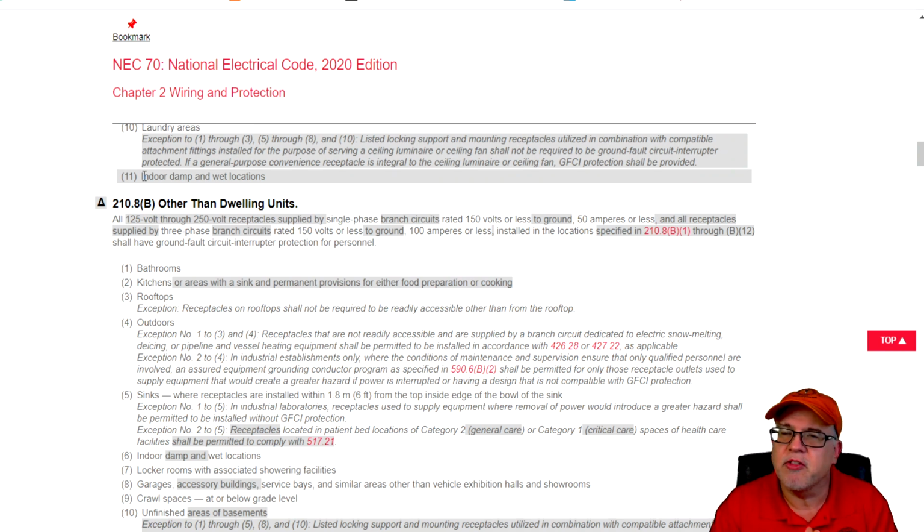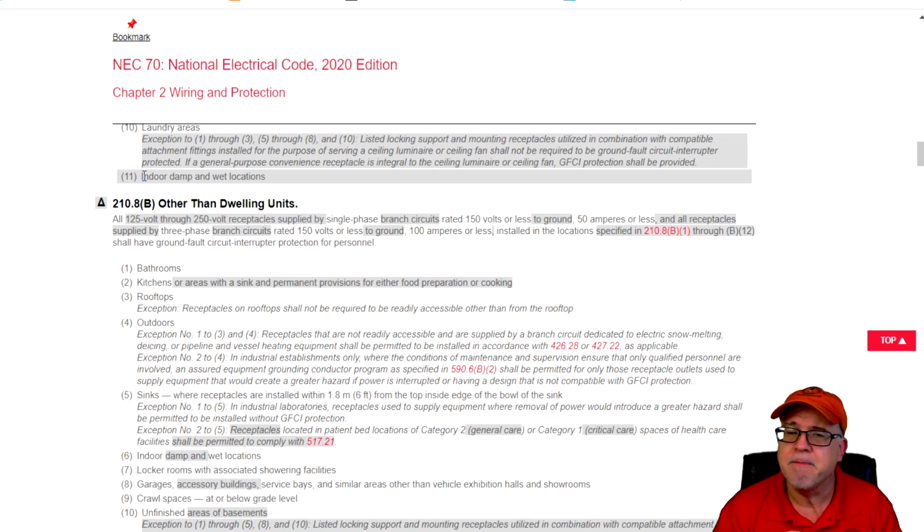So any of that. Now, some of the educators around the country are showing pictures of things like mud rooms, for example, which were never required in the past to be GFCI protected. In fact, they're not really considered habitable rooms, so they didn't even require receptacle placements in accordance with 210.52, to be honest with you. And it wasn't until a couple of cycles ago that we even addressed foyers, for example, when it comes to required receptacles.